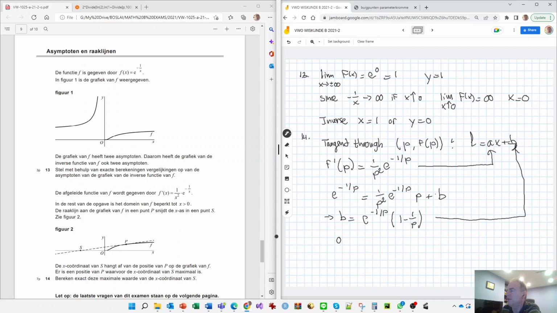So 0 equals 1 over p squared e to the power minus 1 over p times the x of S, plus this term, so this has to be 0. What can I do here?